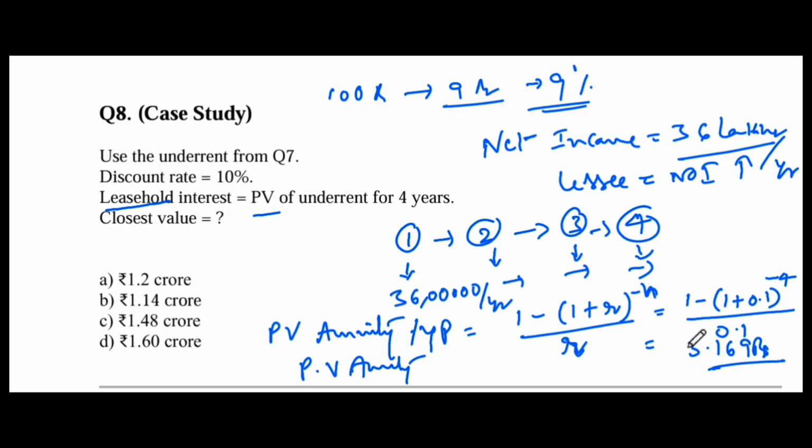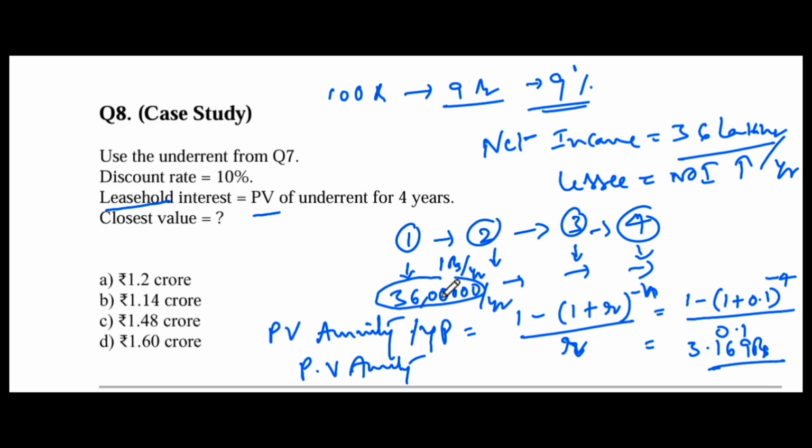So the concept is, if he gets only 1 rupee instead of 36 lakhs per year for 4 years continuously at 10% capitalization, the worth of the leaseholder will be 3.169 rupees.